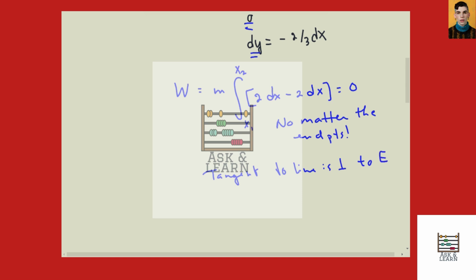So it's like you're moving the particle along an equipotential. That's sometimes called an equipotential line. And it supposedly takes no work and thus no change in potential energy if you move along an equipotential line.